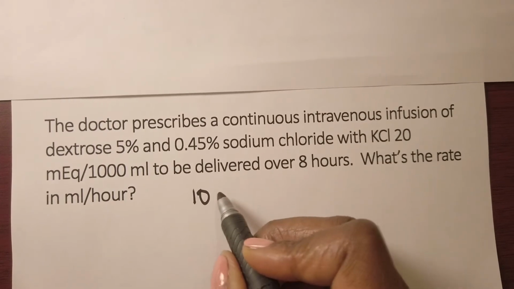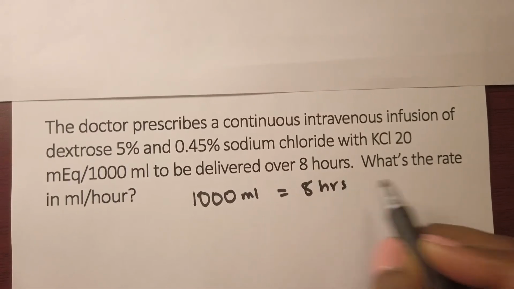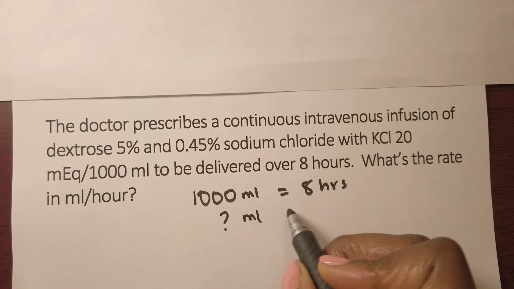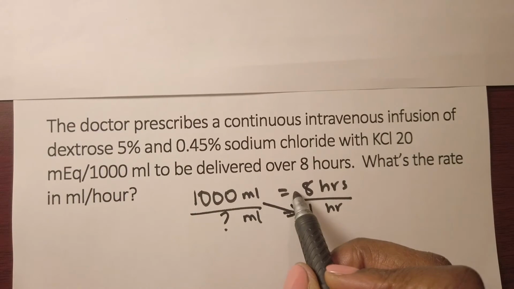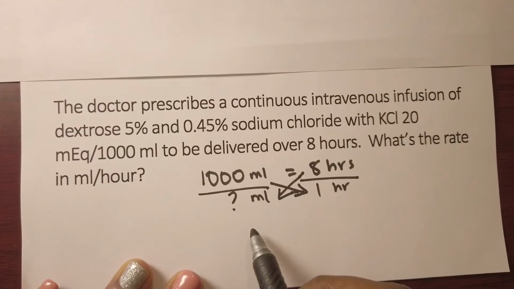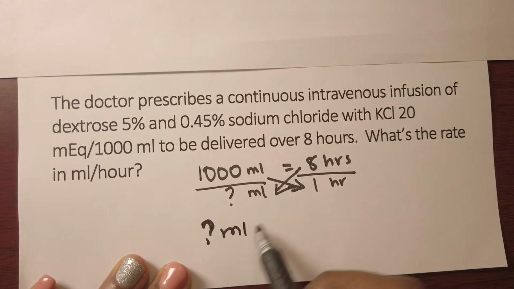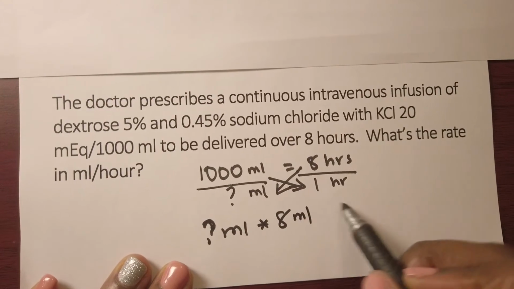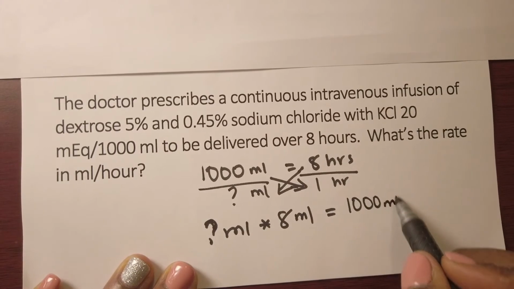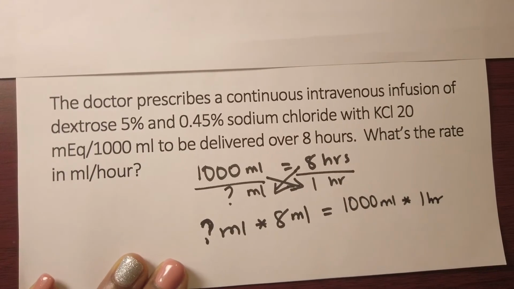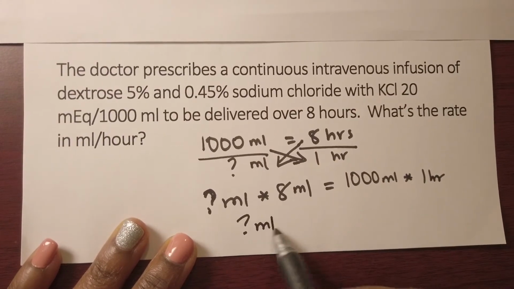So set up your equation as such. 1,000 ml equals 8 hours. Want to know how many mLs in 1 hour. Cross multiply. So we have 8,000 ml times 1 hour. Isolate your question mark.